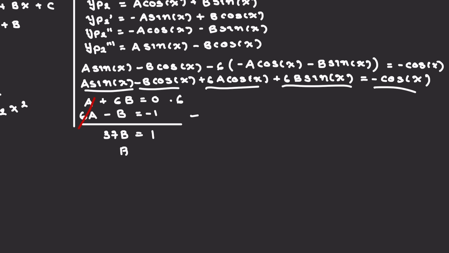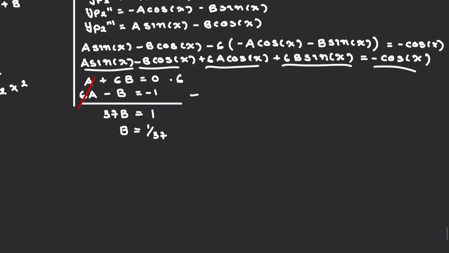So we get here b equals 1 over 37. I think we did correctly previously, but we can also do this: multiply 6 on top and subtract both equations instead of adding both equations.